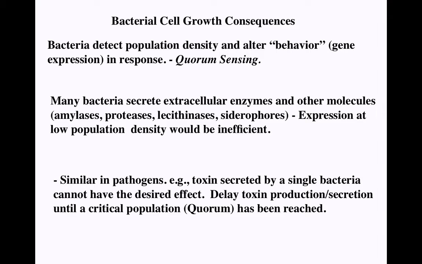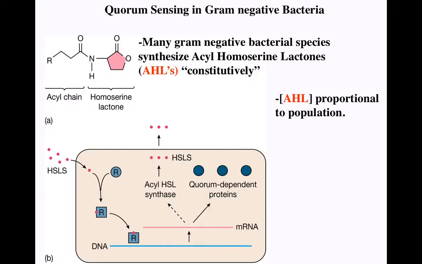The sneezing, the coughing, the hacking, all of the things that go along with, exactly, thank you, right on cue, all of the things that go along with infectious diseases. And if the host begins to kill some bacteria, well, that's okay, because there's 20 million of them, as opposed to 20. So this is something that is very important in pathogens as well as environmental bacteria. So reaching this critical population, or quorum.